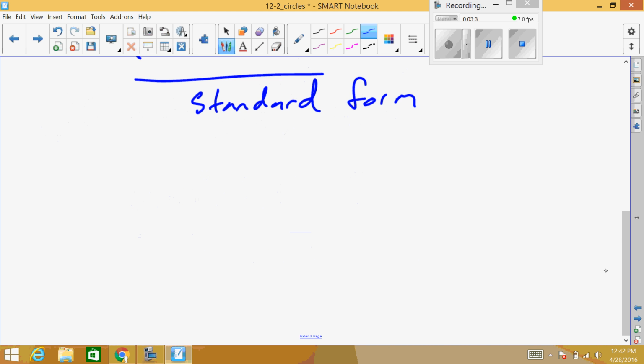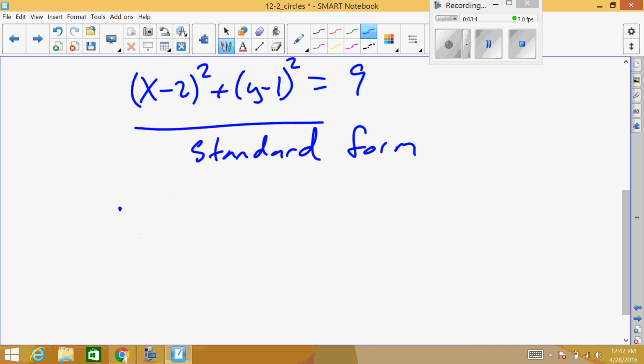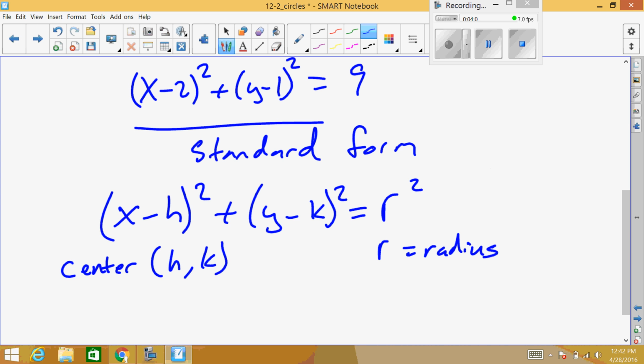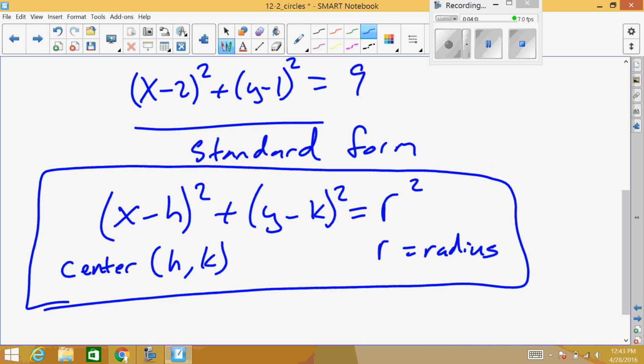Now I'm going to write it in general without numbers filled in: (x minus h) squared plus (y minus k) squared equals r squared. Of course r is our radius, and h and k tell us where the center of our circle is. That's really all there is to the standard form of a circle, finding the equation of a circle from a given point and the radius.